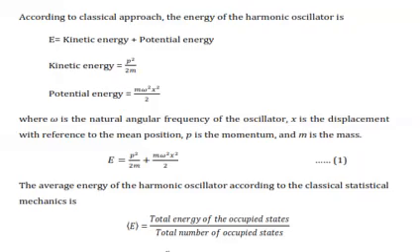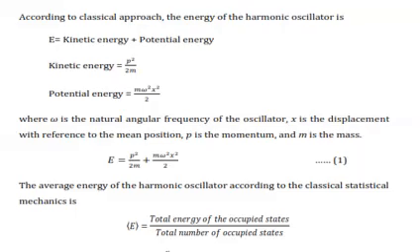By combination, the total energy is E equals P square by 2m plus m omega square x square by 2, where P is the momentum, omega is the angular frequency of the oscillator, x is the displacement from the mean position, and m is the mass of that atom. So this is the total energy formula: E equals P square by 2m plus m omega square x square divided by 2.